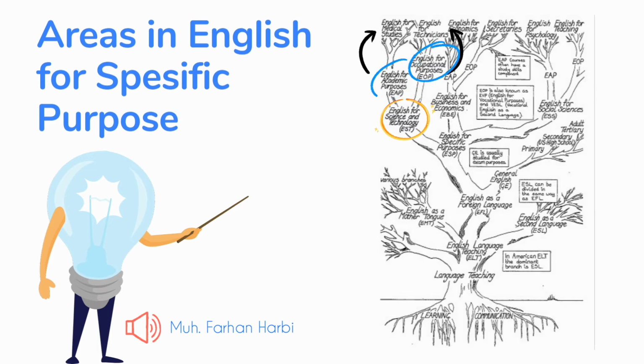Both are different because medical studies only provides theories and not too much of a practice, but English for Technicians provides a lot of practice and not too many theories itself. But each ESP branch has their own unique ways of learning itself.